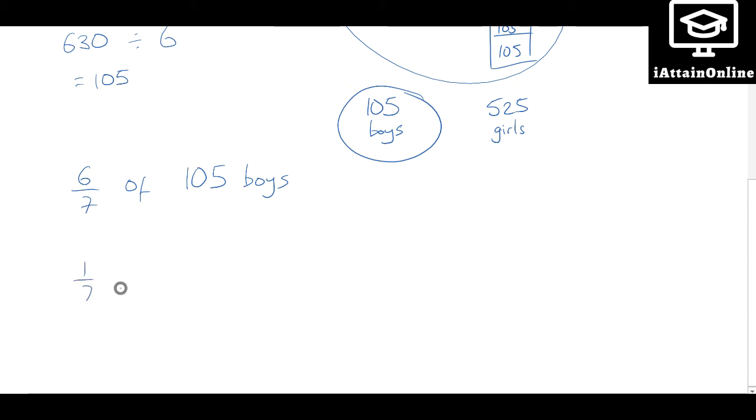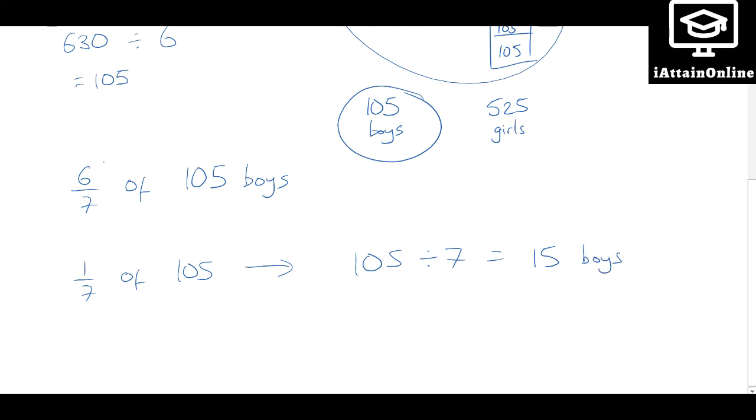So 1/7 of 105, we're going to get that by doing 105 divided by 7, and 105 divided by 7 gives me 15. So 1/7 is 15 boys.